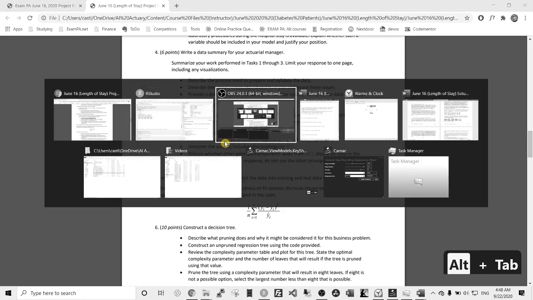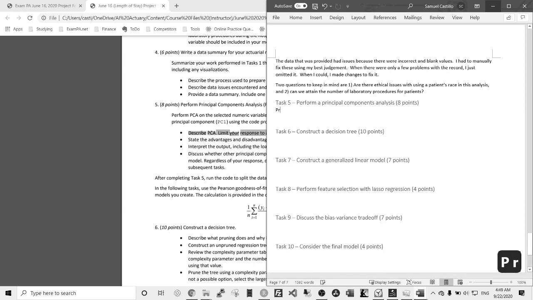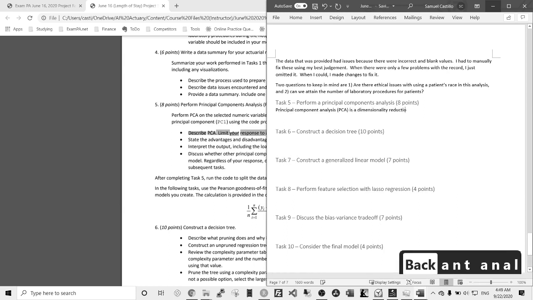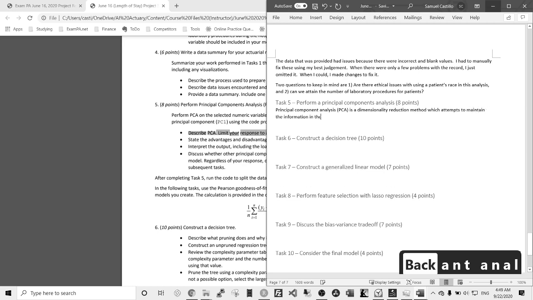Describe PCA. Principal component analysis, PCA, is a dimensionality reduction method which attempts to maintain the information in the data while using fewer variables.